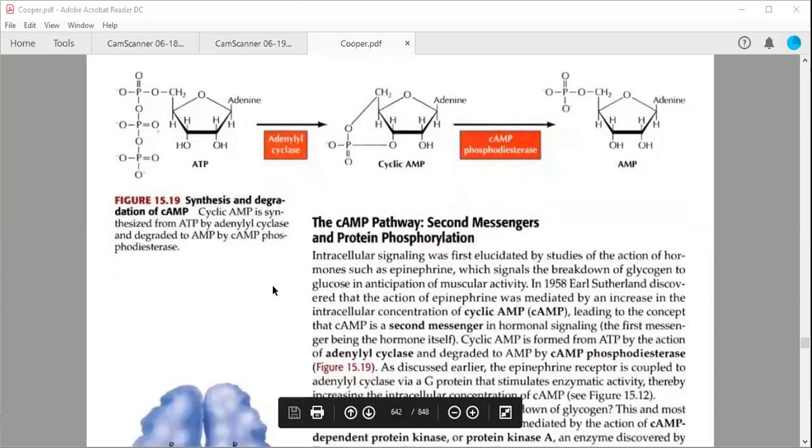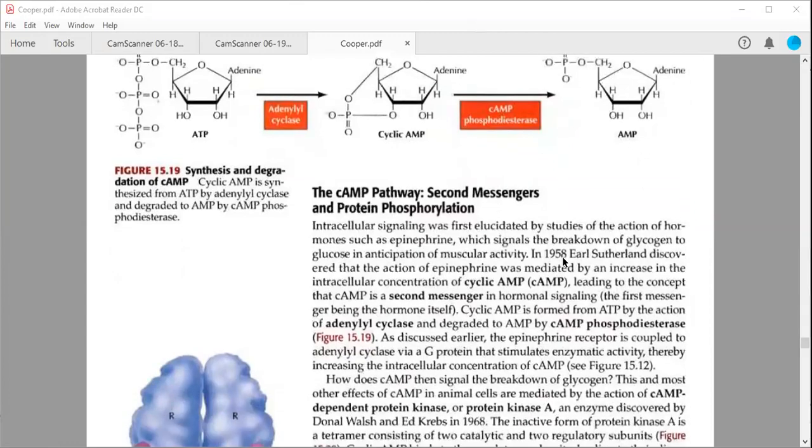It is going to activate the enzyme protein kinase A, which is required for further signaling. So the second step of regulation is either to synthesize cyclic AMP if it is required, and if it is not required within the cell, it can be broken down. Means the cyclic AMP phosphodiesterase is going to break the phosphodiester bond and restore, this is not cyclic, so this is simply called AMP.